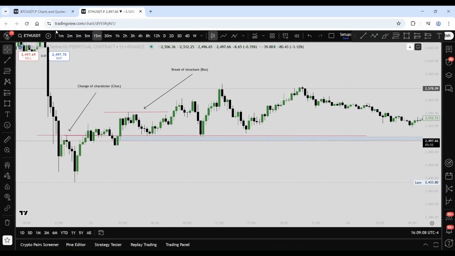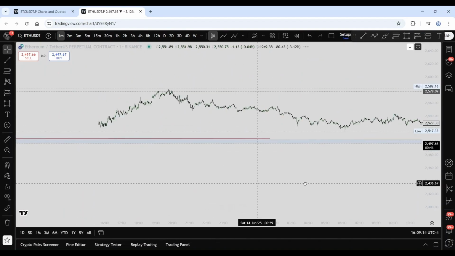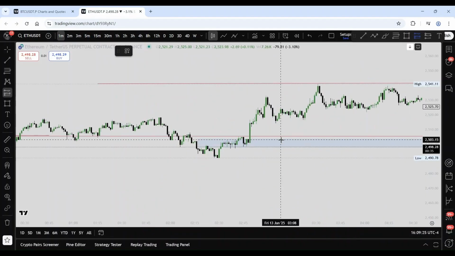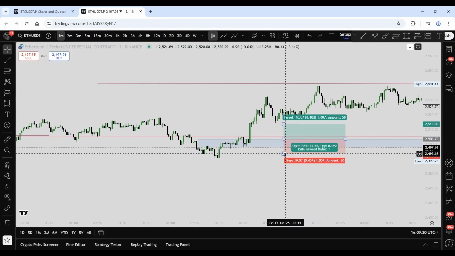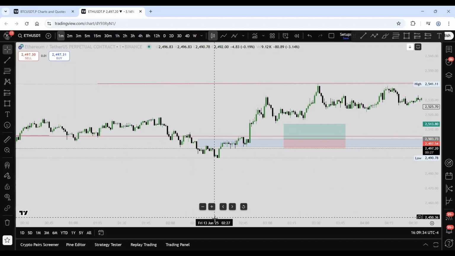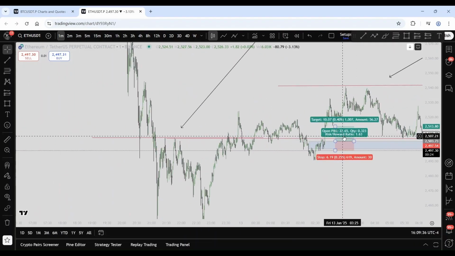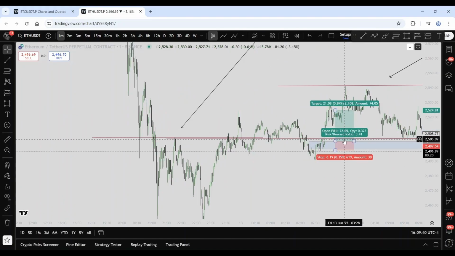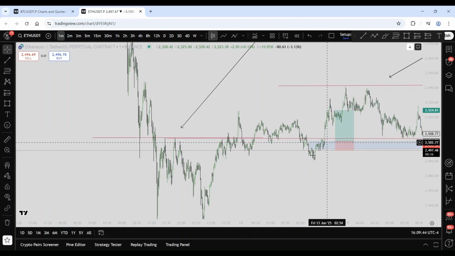So how is our entry going to look? The entry would look like this for the 1-minute scalping. Entry on the order block, stop loss just below the order block, and we're going to be targeting a previous high. So you can see we've got a 1 to 3 risk to reward ratio.